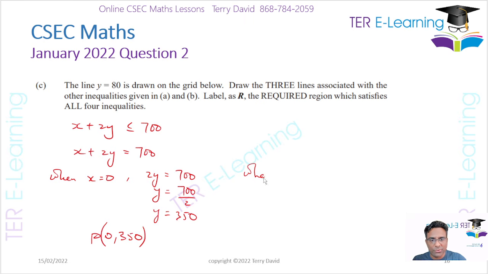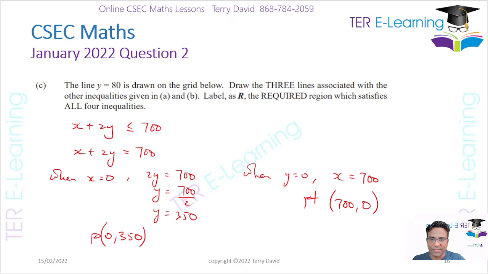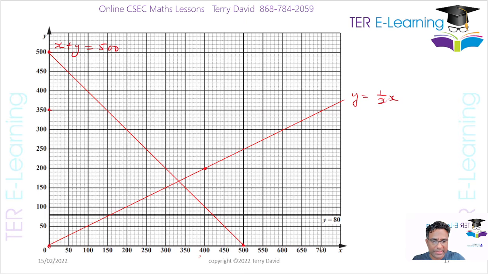I'm also going to use when y is equal to 0. In that scenario x is going to be equal to 700, so that point on my graph is going to be 700, 0. So 0, 350 is this point here, and the next point, 700, 0, is here.